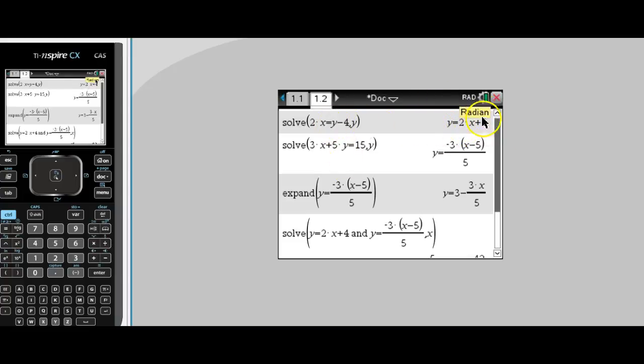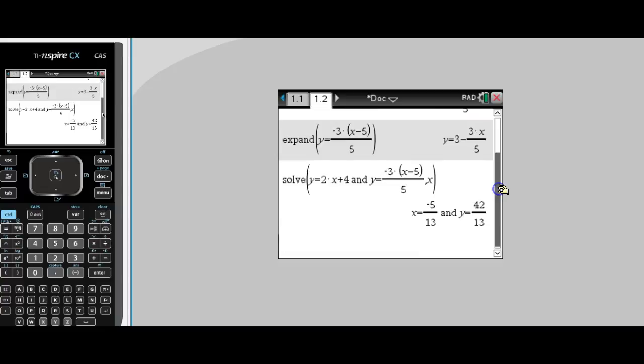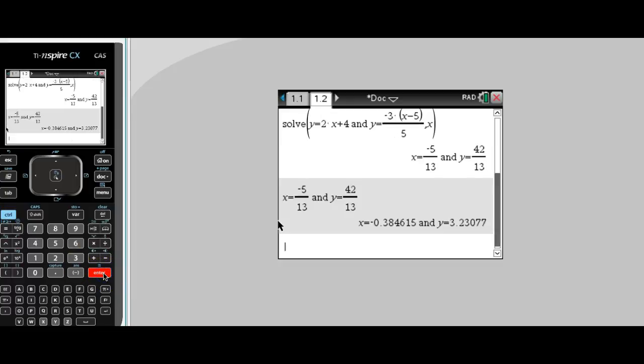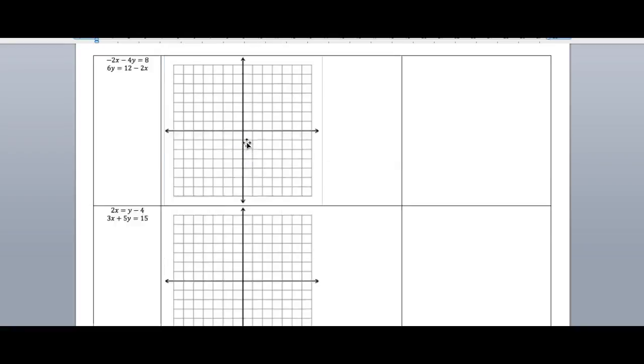You'd get the same answer either way. So -5 on 13 and 42 on 13. Remember, if you want them as decimals, just press Enter and then Control Enter again, and there you go, those fractions as decimals.